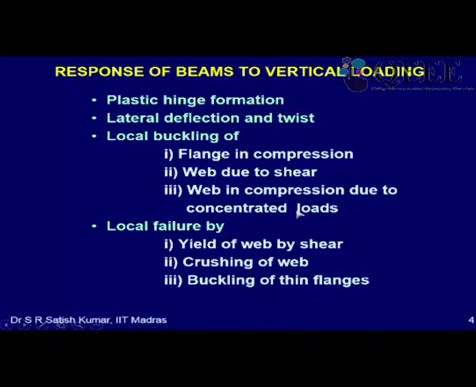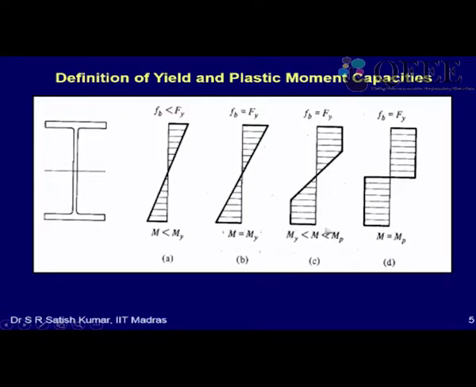Web in compression, which is called web crippling, we are going to look at. So we are going to look at plastic hinge formation of the beam, local buckling of flange or web in compression, local buckling of the web, that is basically web buckling, and web crippling and yielding of the web in shear. So these 4 failure modes we are going to look at in this presentation.